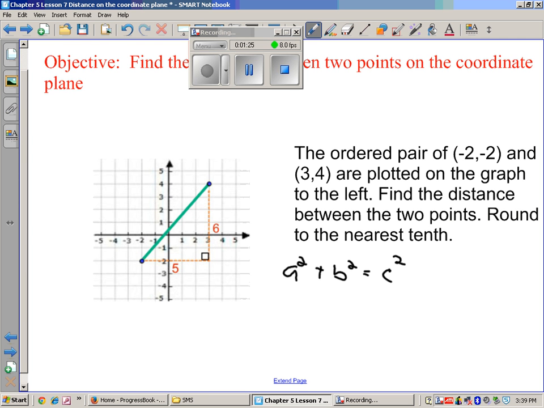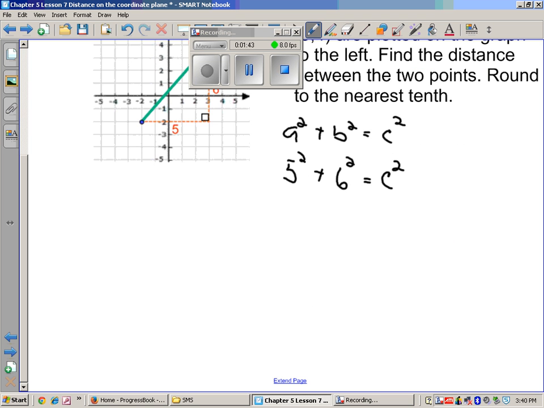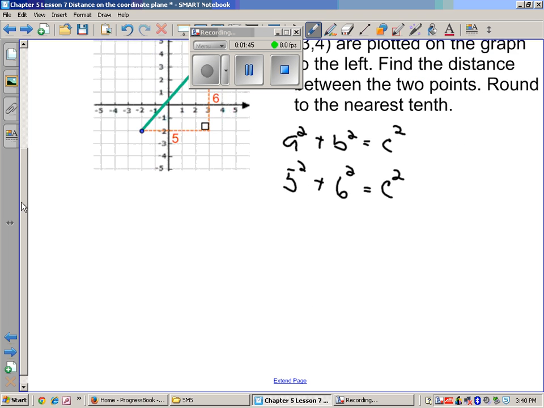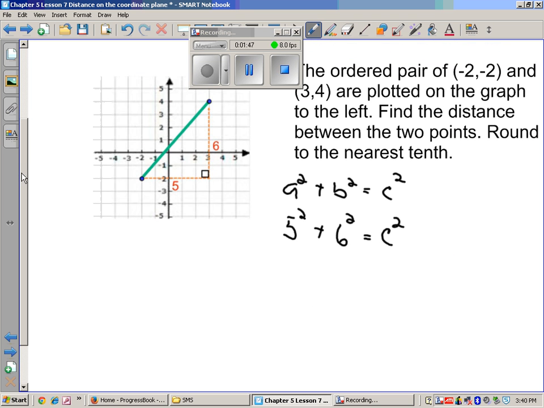And if you remember from last lesson, our legs are a and b, which were given as 5 squared plus 6 squared equals c squared, where our hypotenuse is c. So we square 5. 5 times 5 is 25, plus 6 times 6 is 36 equals c squared.